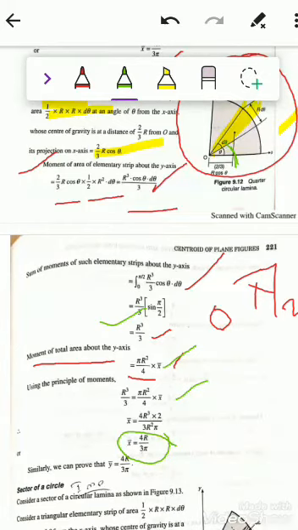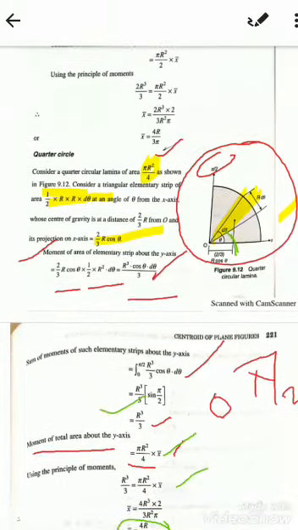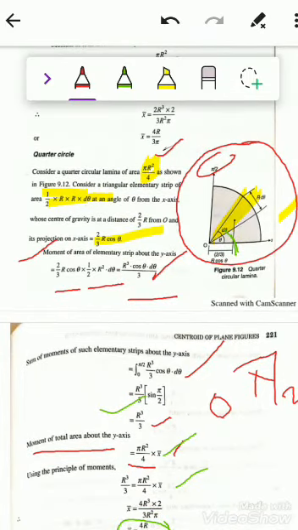This distance x bar, I will show in this figure. Whatever x bar you are measuring is with respect to this; this is the value of x bar. So there is not much difference between the semicircle and the quarter circle. You just have to consider the area, and the procedure is the same.